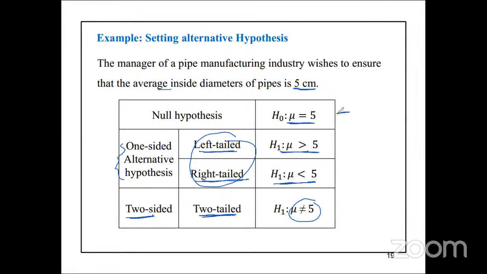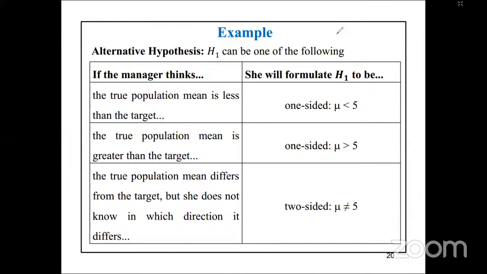So once you have the null hypothesis, corresponding to that we have to choose any one of these three, not all. Whatever your interest is, you are going to choose the appropriate alternative hypothesis. If you want to show that the population mean is less than the target value, then you will set up this hypothesis.